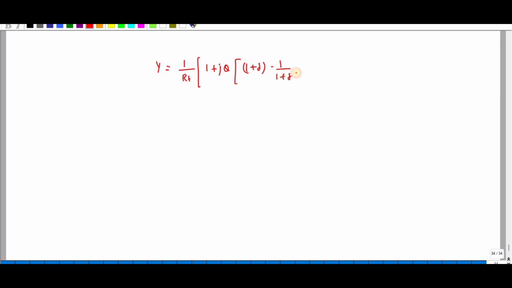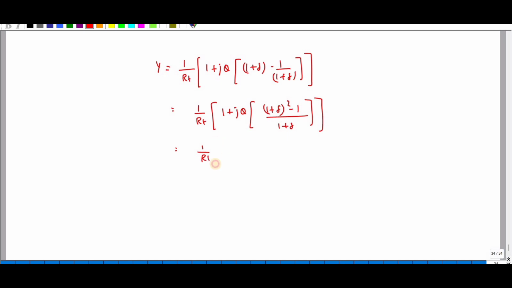Okay, so this I can write as 1 plus del the whole square minus 1 divided by 1 plus del. So 1 divided by RT, 1 plus jQ. So this I can write as 1 plus 2 del plus del square minus 1 divided by 1 plus del.